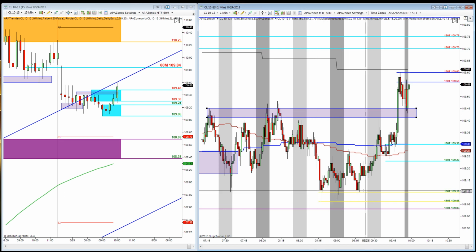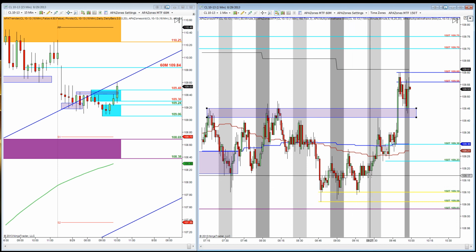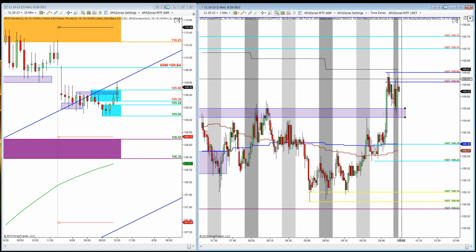Let's say you triple bottomed on this thing right here at like 9 o'clock. So all you do is wait until you see another 150 tick zone form of that same type, and then you could get long on that. And that's something that I've noticed works quite a bit of the time for jumping onto trends and things.